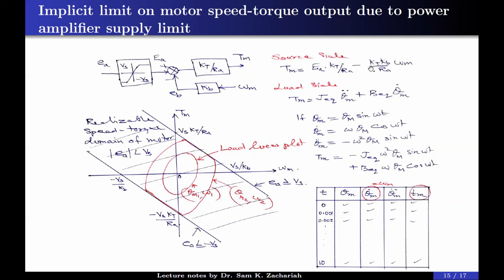And the moment you increase omega m, because of the back EMF drop, the current through the armature comes down, thereby reducing the torque.